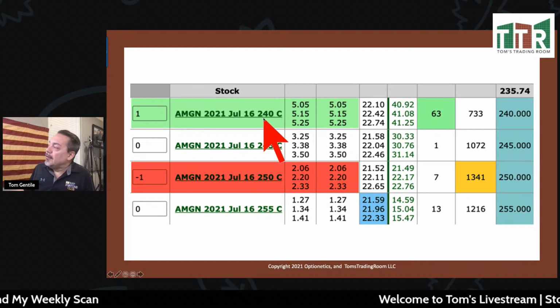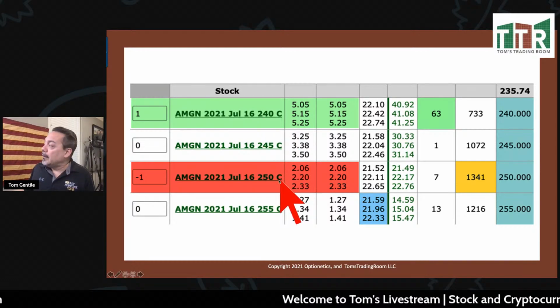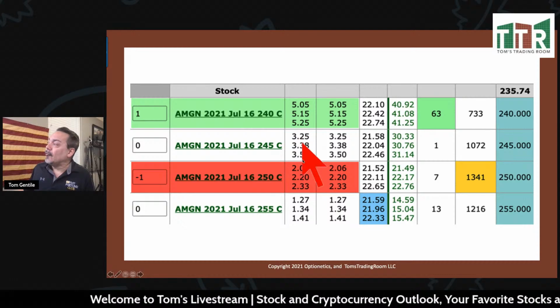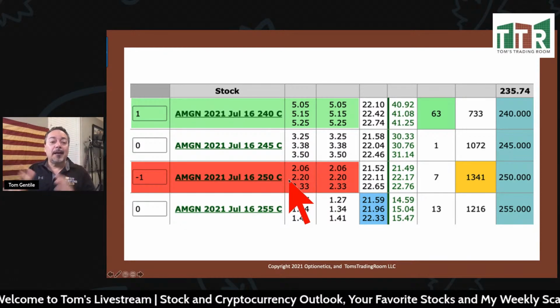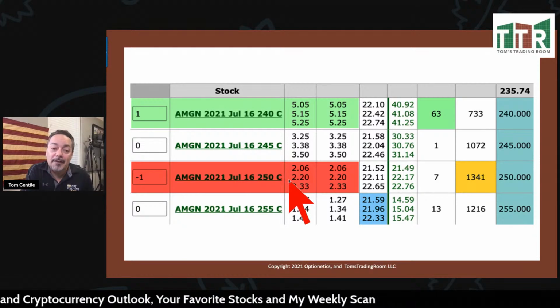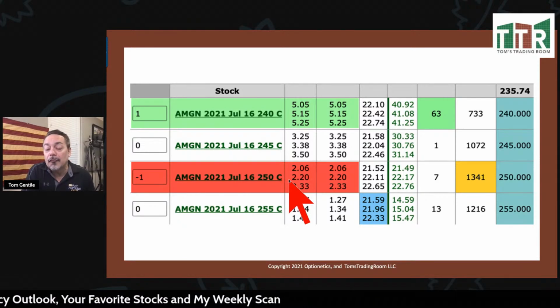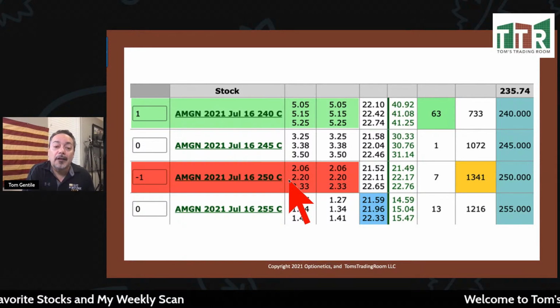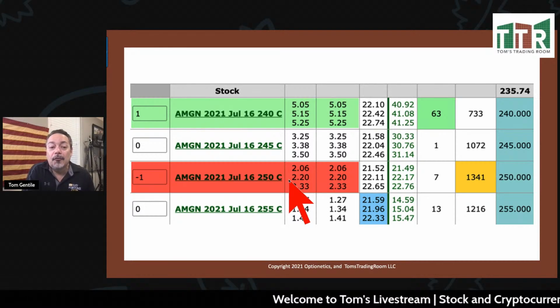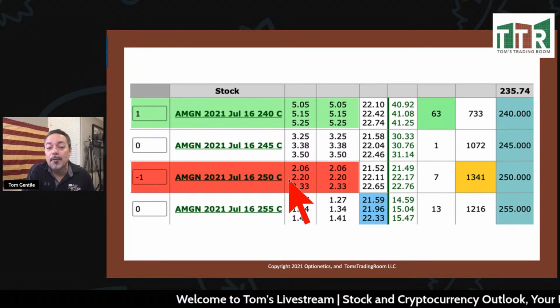So the difference between strikes, 240 and 250, there's a 10-point difference. If I paid $3 for this spread and the most it can expand to is 10, how much could I stand to make? 7. So I have a $3 risk and I have a potential $7 reward. A double would be 3 goes to 6. But if 3 goes to 10, that's better than a triple.